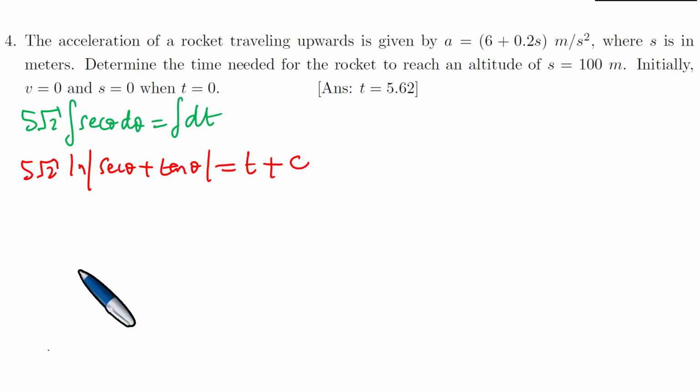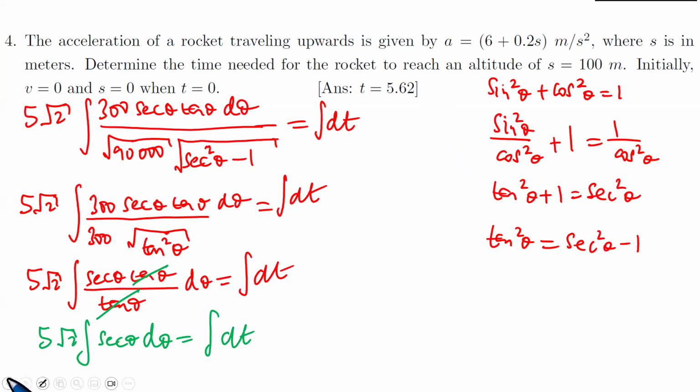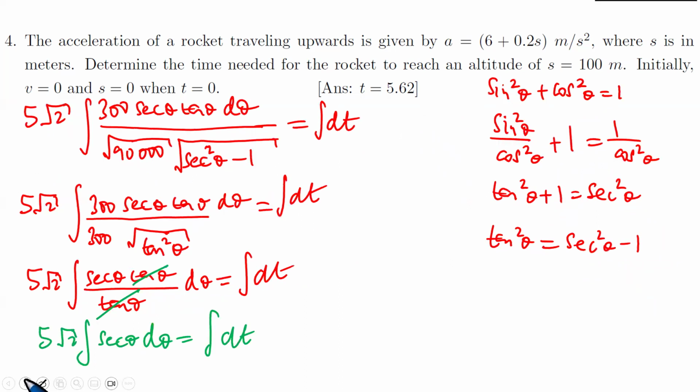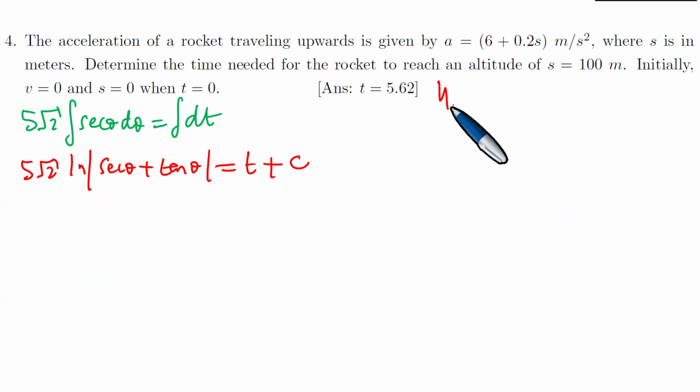But we need to remember what theta was, right? We saw that theta was introduced at this point. So we have a couple of things. So we have that u is s plus 300. But also u is the square root of 90,000 secant of theta. So in other words, we have that u is s plus 300.